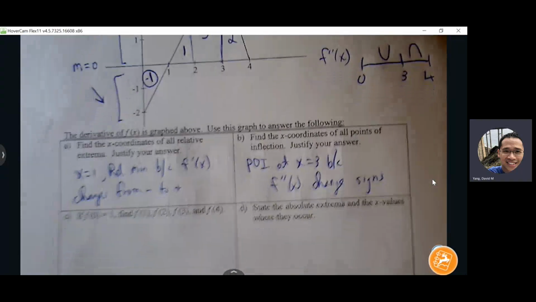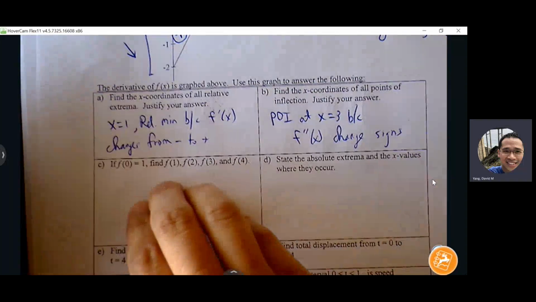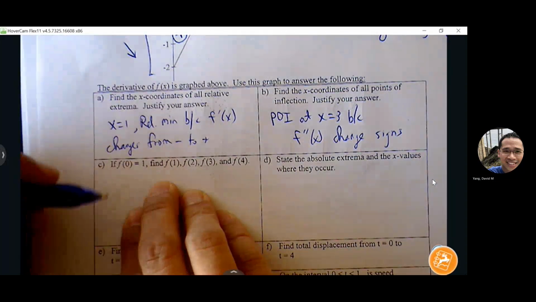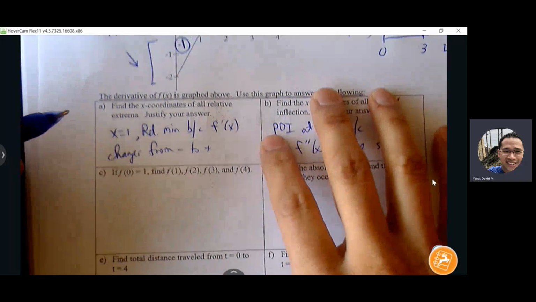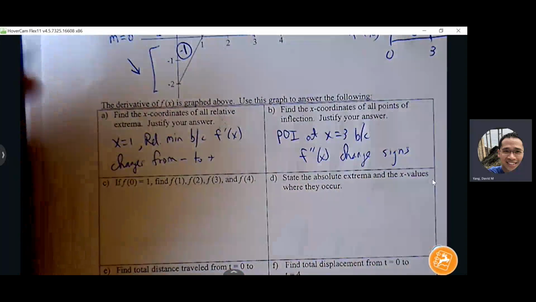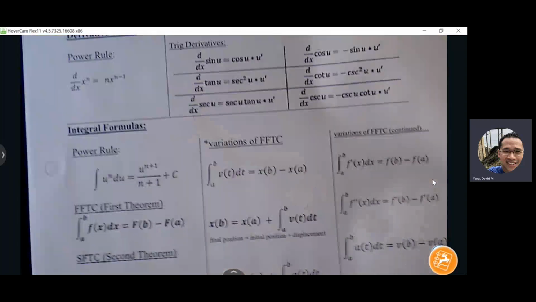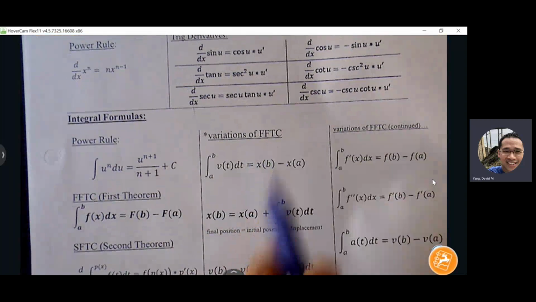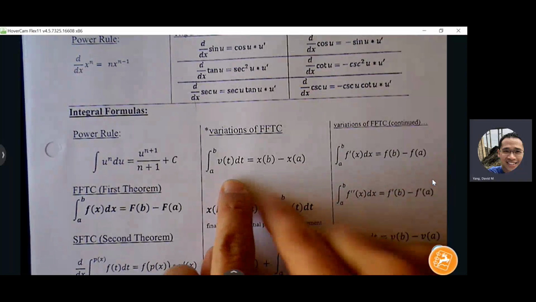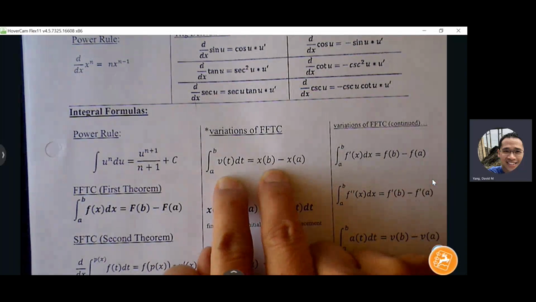Okay, so I want to talk about this rearranging of the first theorem. I have this on this formula sheet here. I want you to look at this first theorem variation.